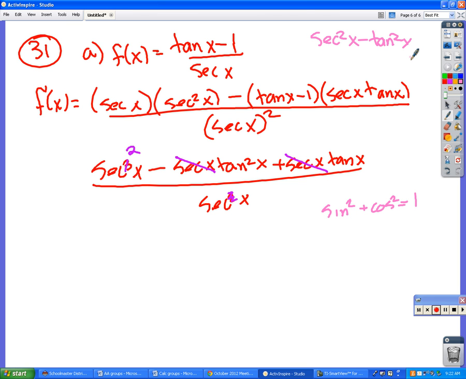So I'm going to divide everybody by cosine squared. So sine squared over cosine squared is tangent squared. Cosine squared over cosine squared is 1. And 1 over cosine squared is secant squared. And so if I make this match here by subtracting the tangent from both sides, secant squared minus tangent squared will end up equaling 1.